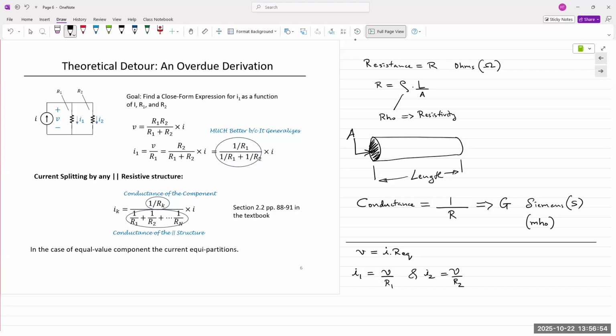Well, Req for this parallel combination is R1 times R2 over R1 plus R2, right? So then we plug this into this equation, and we obtain R2 over R1 plus R2 times I.